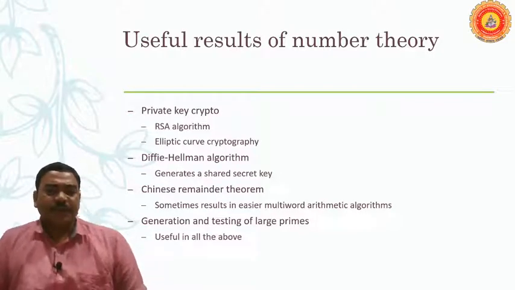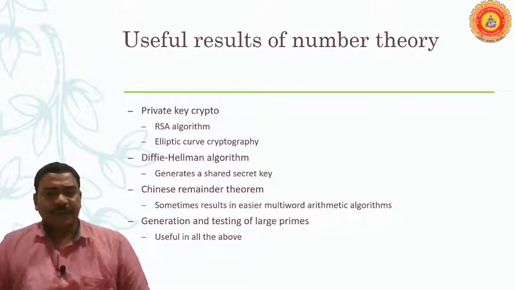So the number theory theorems are very useful for cryptographic algorithms. Already we have discussed this, and that is why we are going to discuss all of it. In public key encryption systems, such as the RSA algorithm or the elliptic curve algorithm, these will be used, as well as the Diffie-Hellman key exchange algorithm.